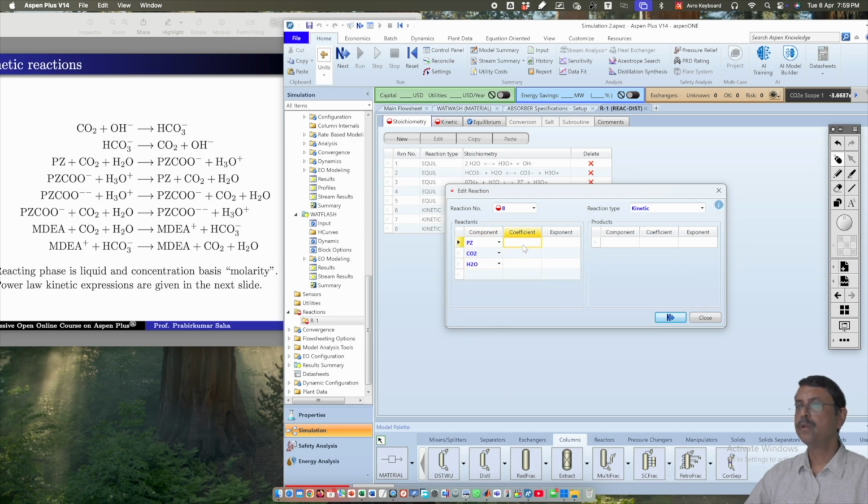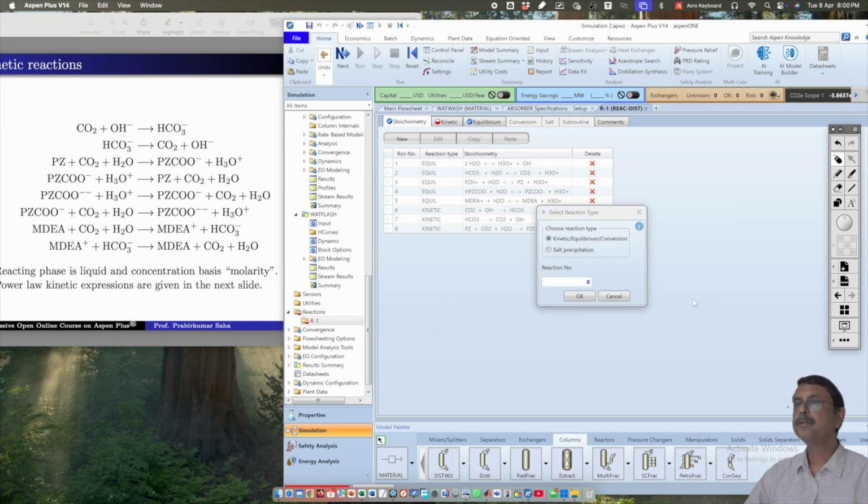PzCO2H2O with all coefficients, and H2O will not go into the exponent over here. PzCO minus and H3O plus. Here we have to put 0 because H2O is exactly not going into the equation in the exponent. Okay, so that we have to remember.